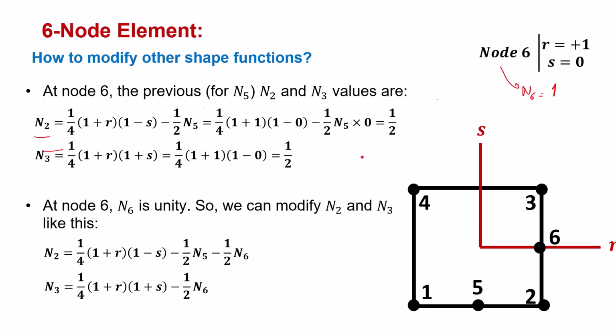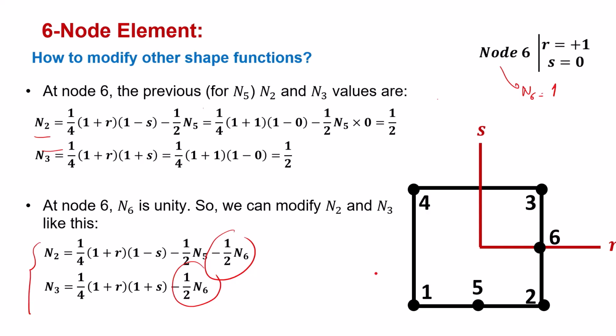Since both n2 and n3 were equal to 1/2 at node 6, we subtract half of n6 from each of them. That gives us the corrected n2 and n3 shape functions. Now at node 6, both n2 and n3 correctly go to 0, and only n6 is equal to 1.